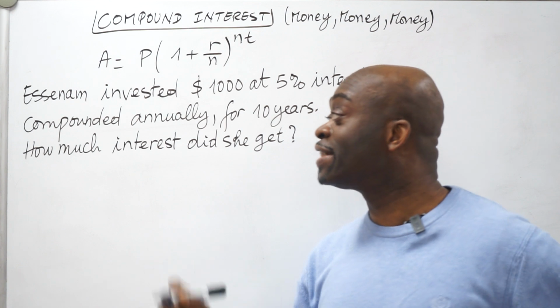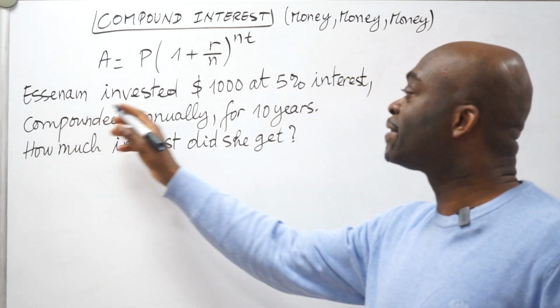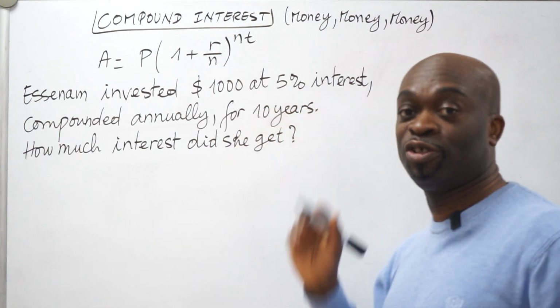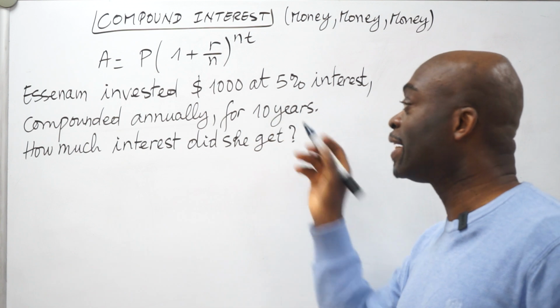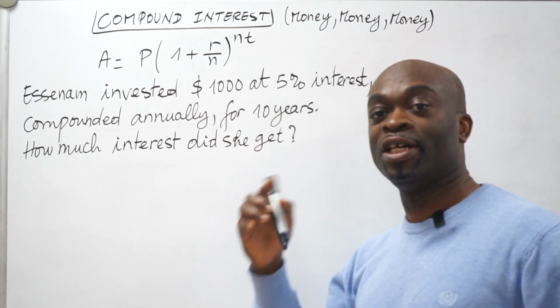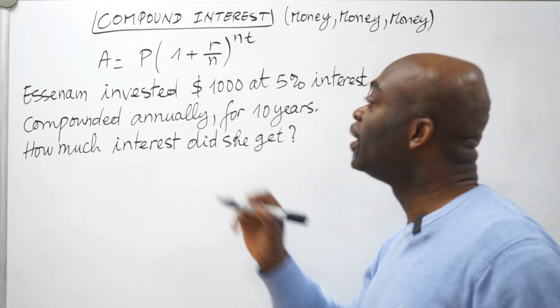So in this case, let's take an example. S&M invested $1,000 at 5% interest, compounded annually for 10 years. So for 10 years, it's compounding annually, which means N is going to be 1 in our case, correct?